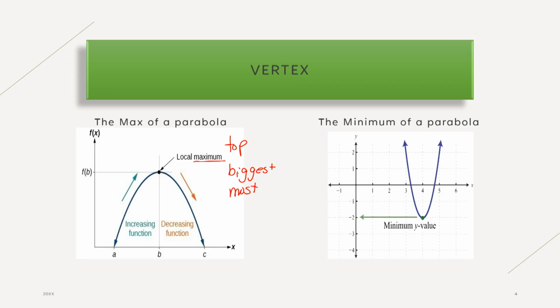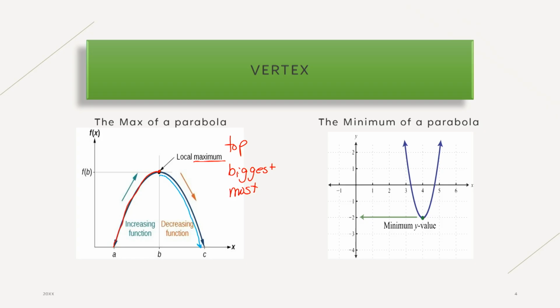So when you look at the maximum of a parabola, you're going to have some type of top. You're also increasing as you go up the parabola to the vertex. And when you're coming back down from the vertex, you are decreasing, going down. Your y values are decreasing, so that means it's a decreasing part of the function.